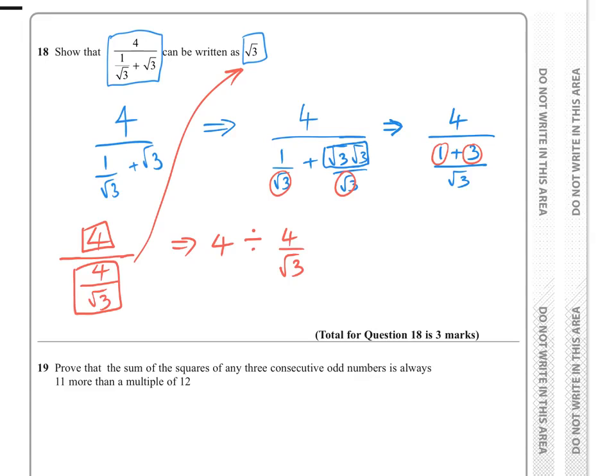And there's another question that I did a little while ago on this paper, which was all about doing, I think it was an algebraic expression divided by another algebraic expression, and I explained a little rule there that we can use, and that is we can say that's the same as 4 times the reciprocal here, and then look what happens. 4 divided by 4 is 1, and I've got 1 times root 3, which is just what we wanted, root 3. I'm sure there are plenty of other ways you could go about doing that, so maybe give it another go, trying a different way, and see how you get on.